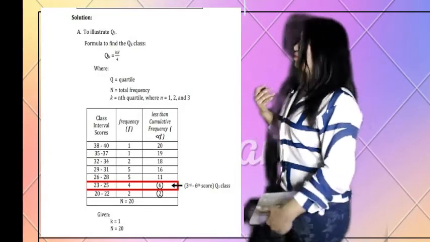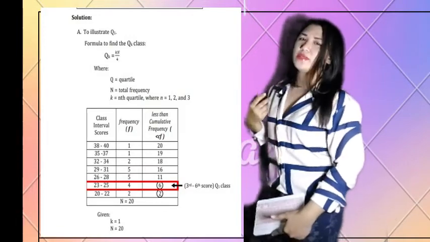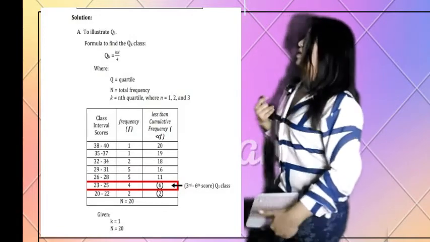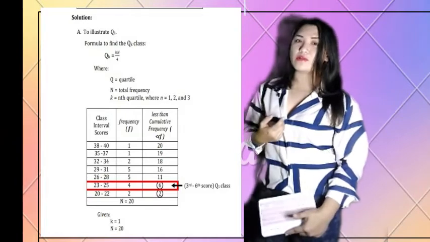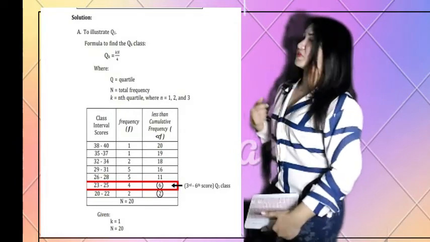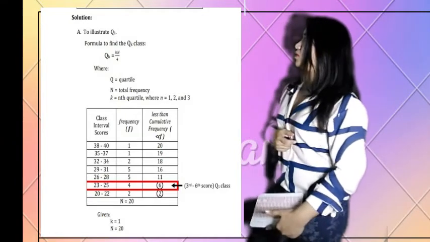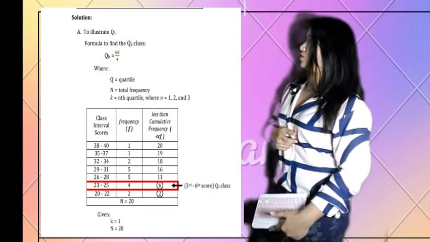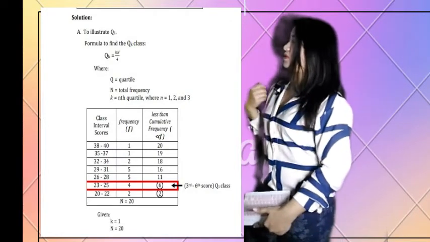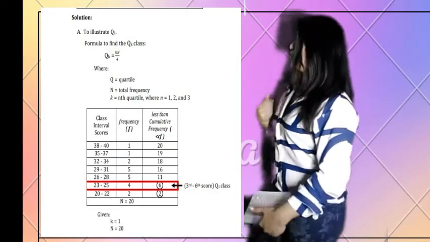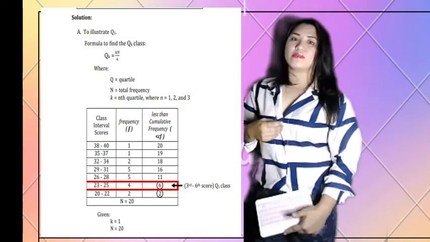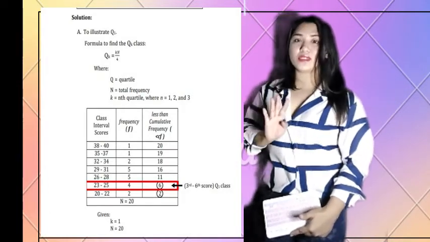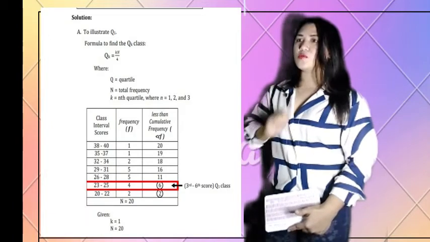You might be wondering why 1, 2, and 3, where does it come from? Well, we are talking about quartile, and we are about to find the measure of position of quartile 1 or Q1. Since quartile, as I mentioned, means 4, there are 4 equal parts.